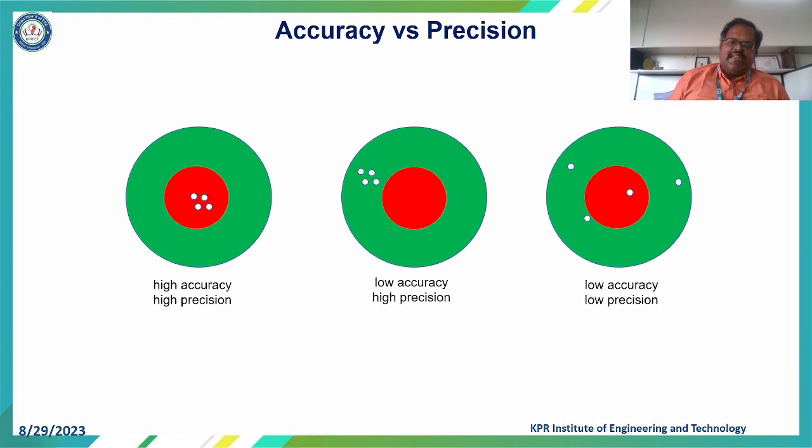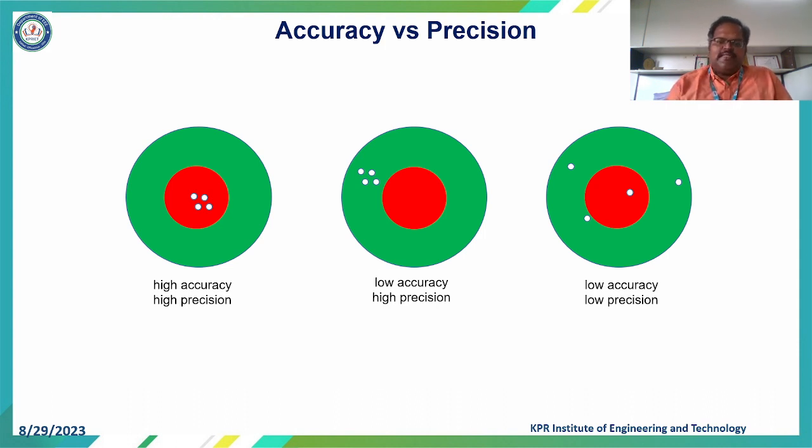Here I have shown a graph for accuracy versus precision. See the three plots of a target. The first one shows high accuracy and high precision, because all the points are on the target, which is the red point. In the second one, the shots are not on the red target but near the green one.